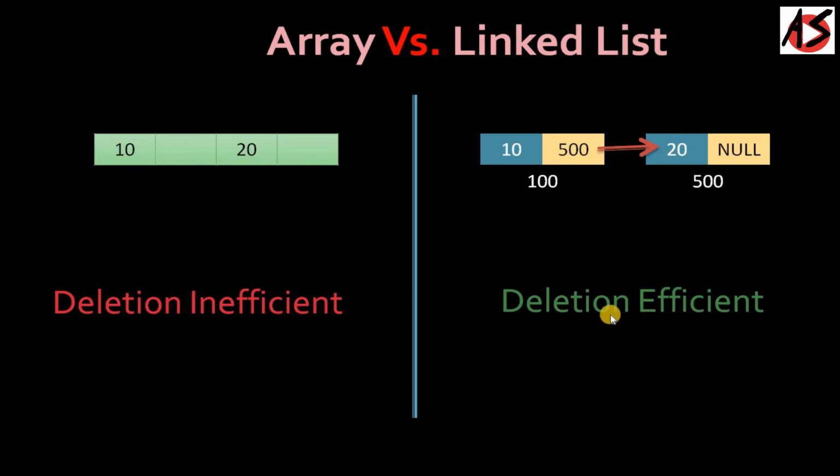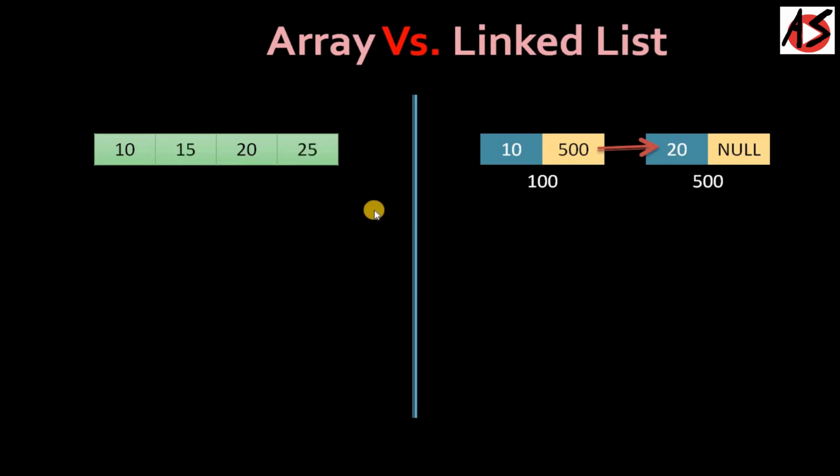Other disadvantage of array is array requires contiguous memory location. So if you are taking 10 data of integer data type, you require the 40 bytes contiguous memory. Then and then only you can store the array.